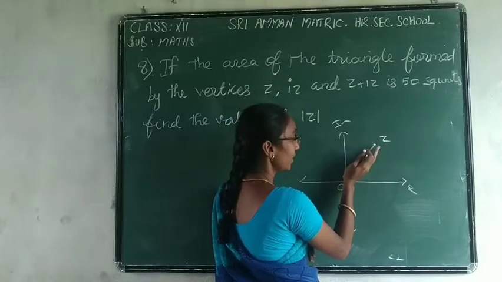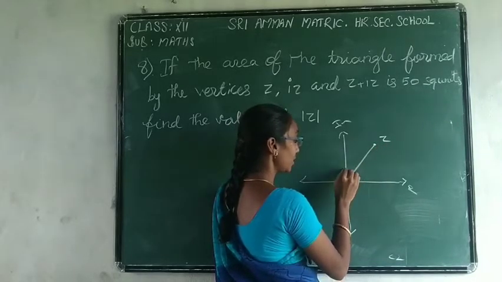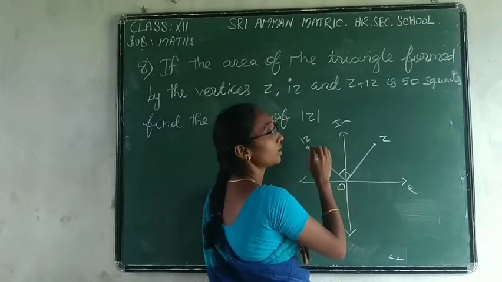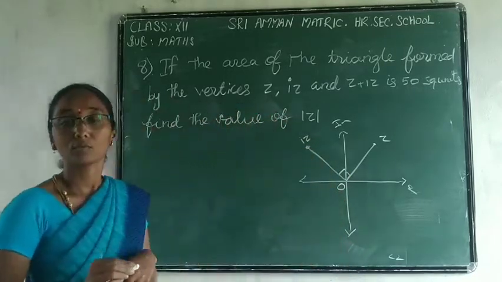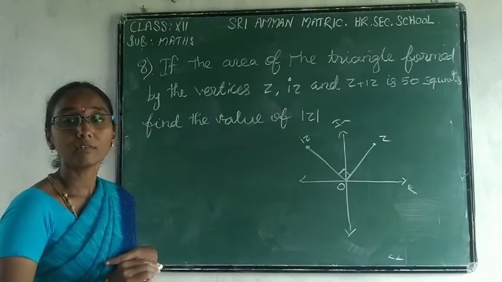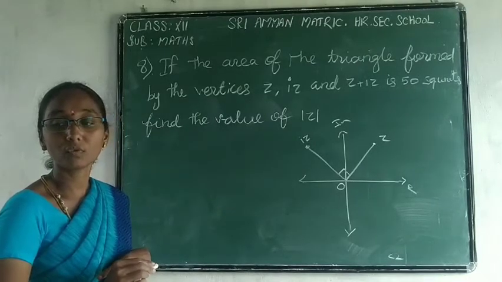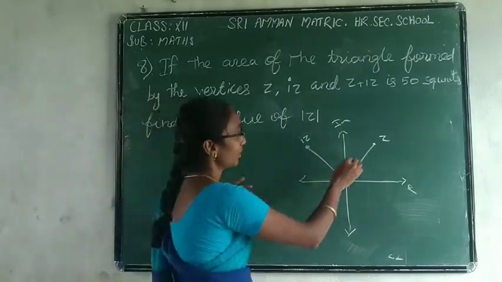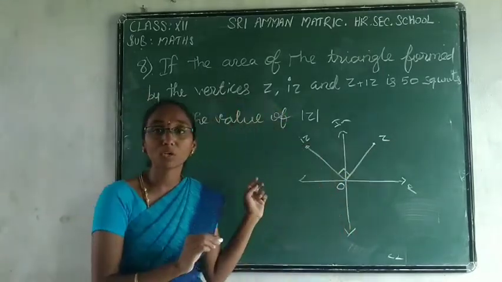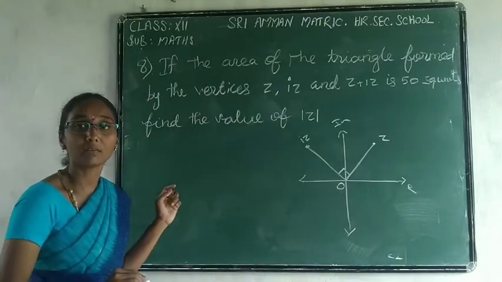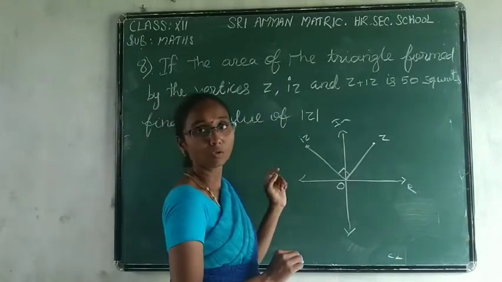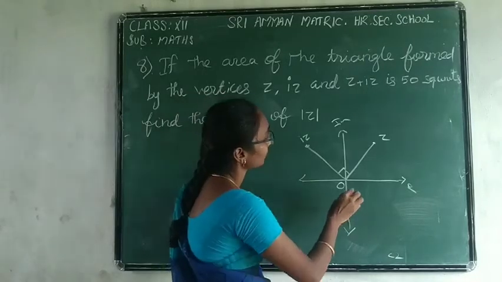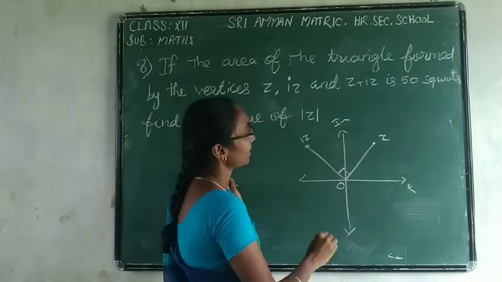In this place, you mark 90 degrees and we get iz. You already know this. I think on page number 52 or 53 of your book, the rotation of z to iz by 90 degrees is given, if you want to refer to it. Now z plus iz.